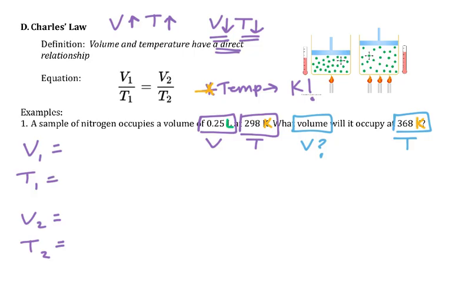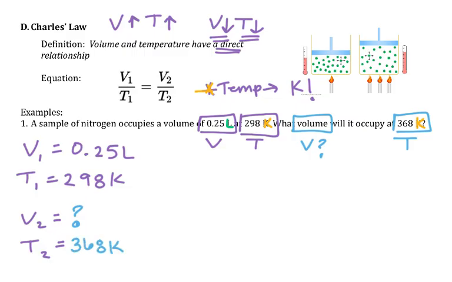And then I can find what is missing. So volume 1, I'm going to make the originals they gave me my ones. So 0.25 liters is volume 1. 298 Kelvin is temperature 1. And then what volume will it occupy at 368 Kelvin? That's what we're looking for.